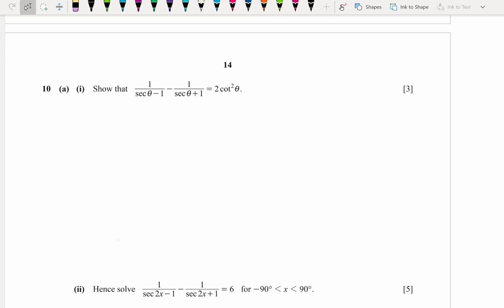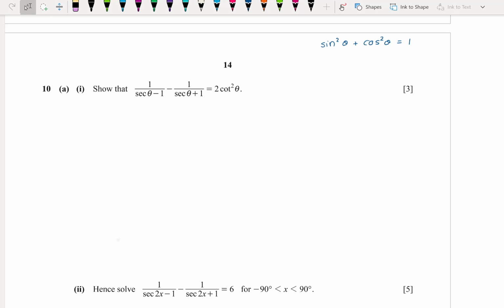So I would first simplify the left hand side. Yes, we need to keep some trigonometric identities in mind. Sine square theta plus cos square theta is equal to 1.